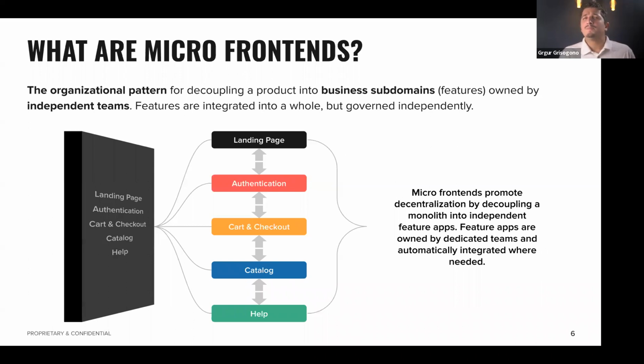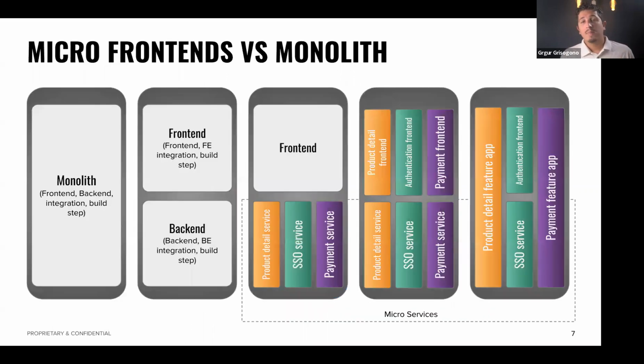So for example, Amazon could be that large scalable application, and there could be a team that's responsible for managing the cart experience only. Notice that I'm not saying that micro front ends can do something monoliths can't. This is not a battle between technologies. This is just using technology to implement organizational change.